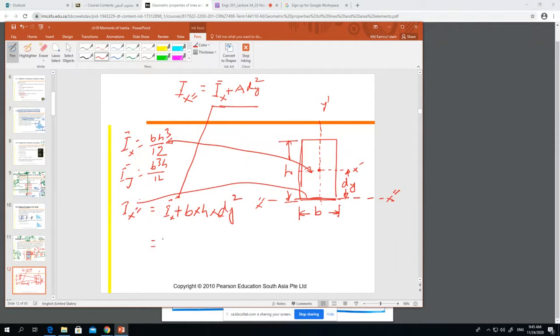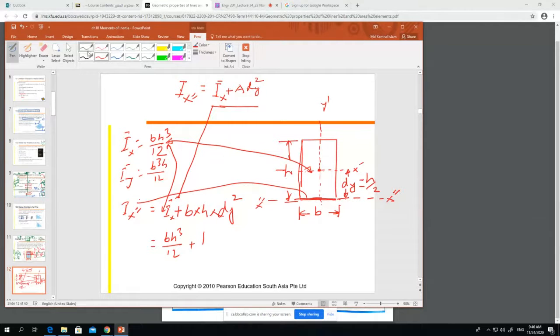So Ix bar we already learned, so we can write B H cube divided by 12, plus B H times dy square. And dy equals how much here? Dy equals H by 2, we know.